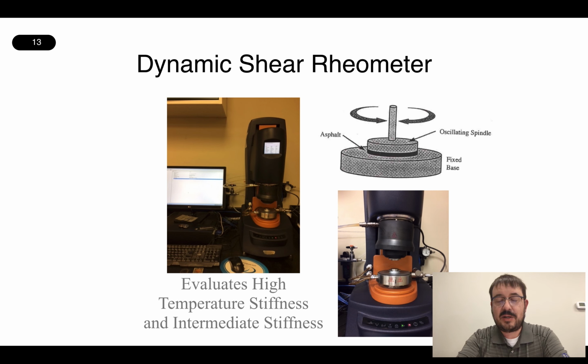We also want to ensure sufficient intermediate stiffness of the asphalt binders to make the asphalt pavement more resistant to fatigue cracking. So this is the test that identifies the first number in the PG grading system, for example, the 64 or the 70 or the 76 that we commonly see with our Indiana asphalts for road construction.